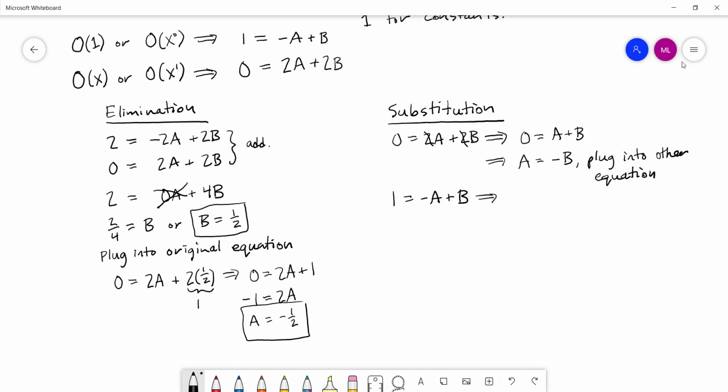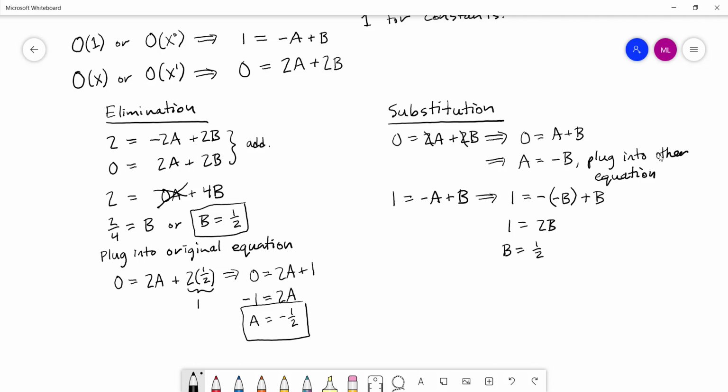And we will get for our second equation that 1 is going to be equal to negative a plus b. And what was the a? I just left parentheses here for us to plug in what a is. A is equal to negative b. And at this point, we distribute those negatives through. We get a positive b plus another b. We get 1 equals 2b. And again, we get b equals a half.